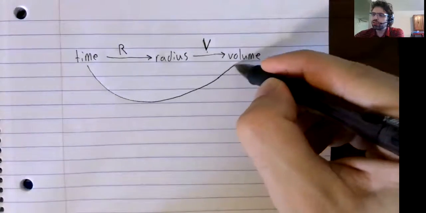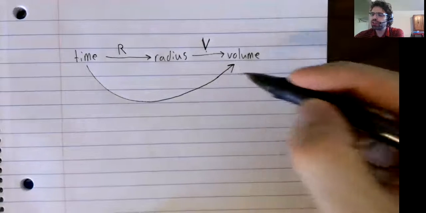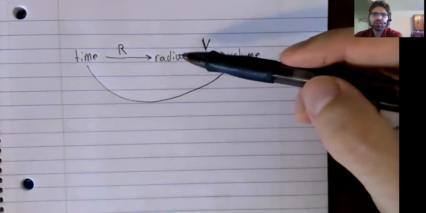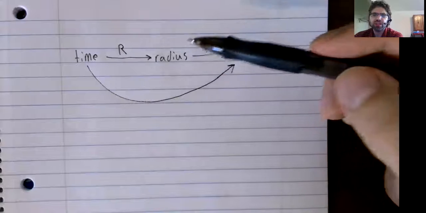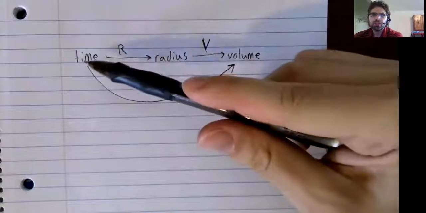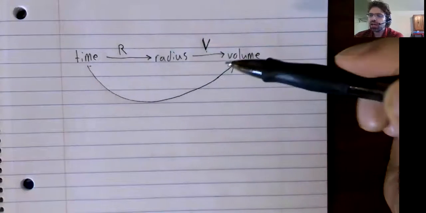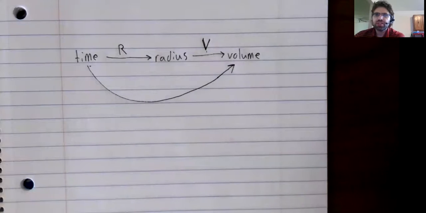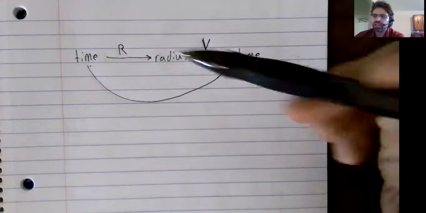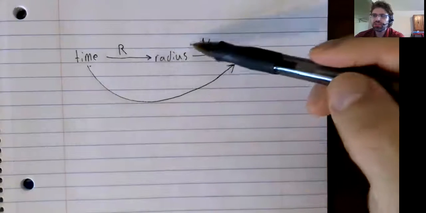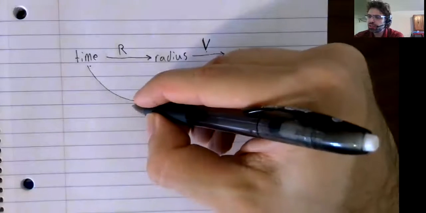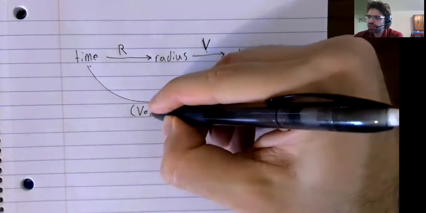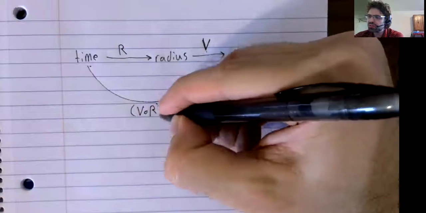We want to create a third function that bypasses the radius and just goes directly from time to volume. This is the composition of these two functions, and it's written like this.